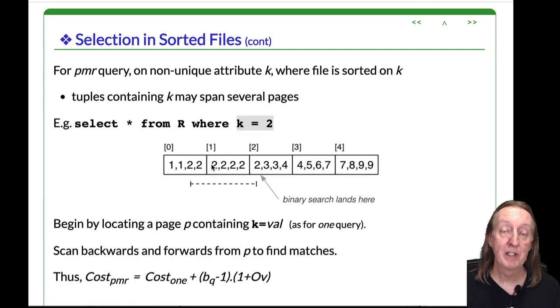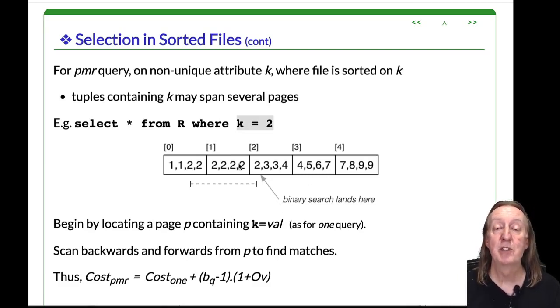However, if we go back to the previous page, that's all 2s, and if we go back to the page before that, we can find a number of 2s, but the minimum value is less than 2, so we know there's no point going any further, not to mention the fact that it's the first page in the data file anyway. So this process starts with a standard binary search of the kind that we just looked at before.